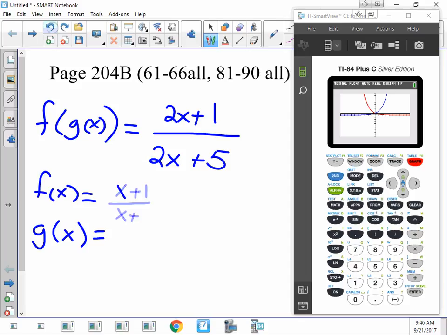So here's another way to do it. What if g of x was 2x plus 1? Then what would f of x be? X over, this is a little bit tricky. Oh, close. X plus 4.